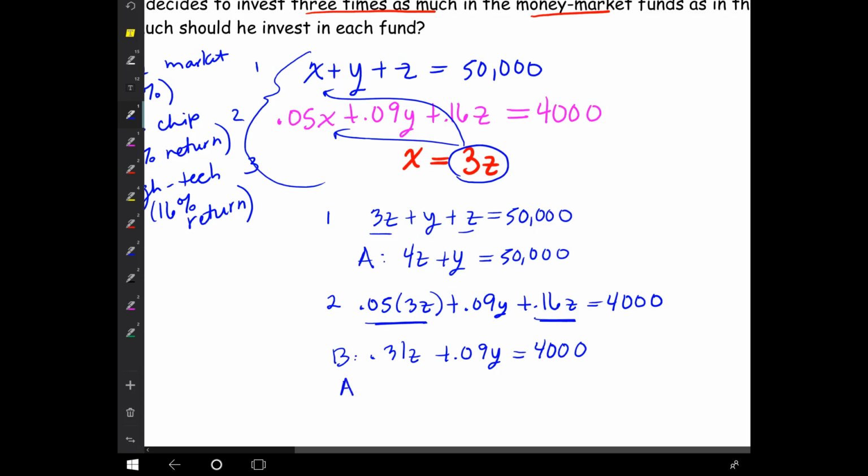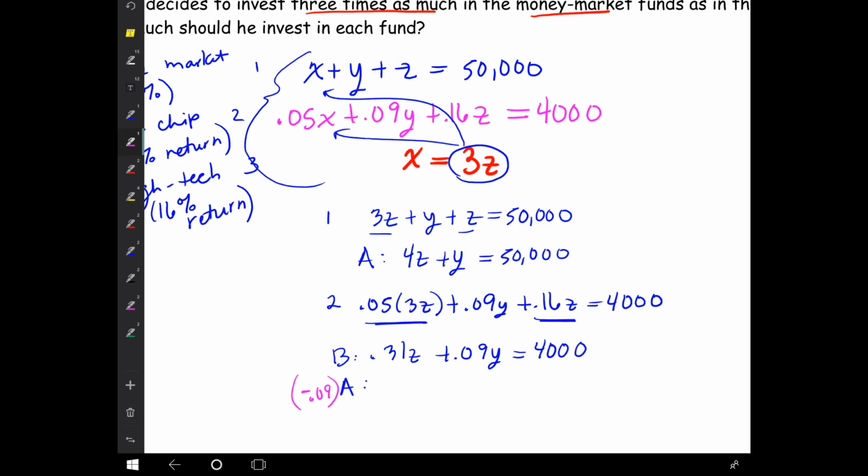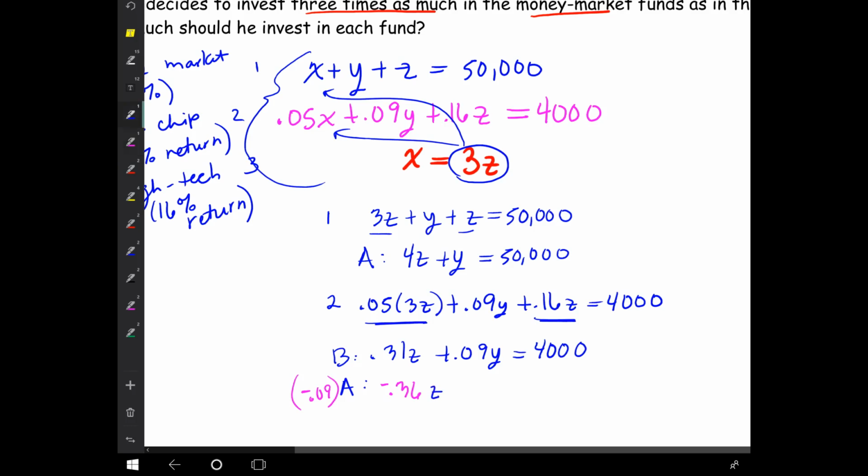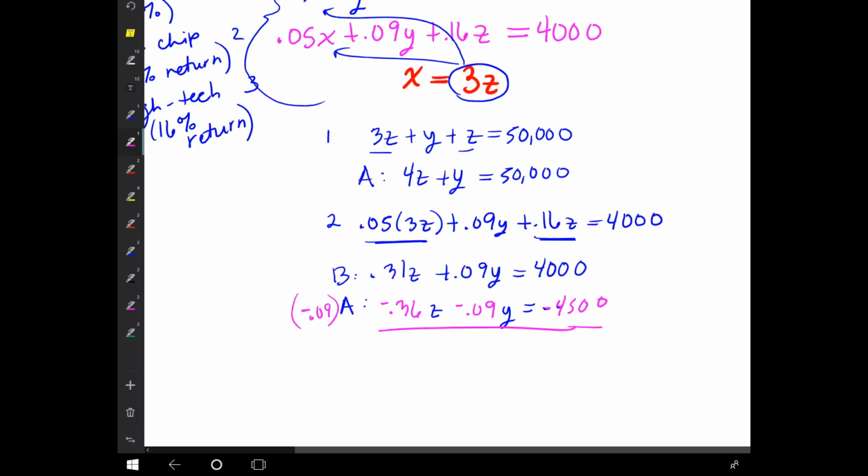What would I have to multiply equation A by in order to eliminate Y? Yeah, so if I multiply this by negative 0.09, then that would give me negative 0.09 times 4 for that Z, which is negative 0.36Z minus 0.09Y is equal to 50,000 times negative 0.09, which is negative 4,500.